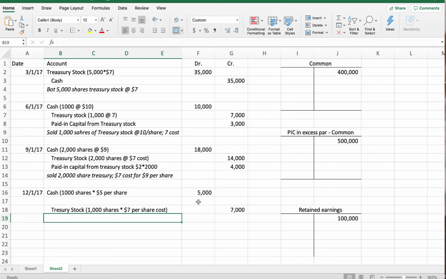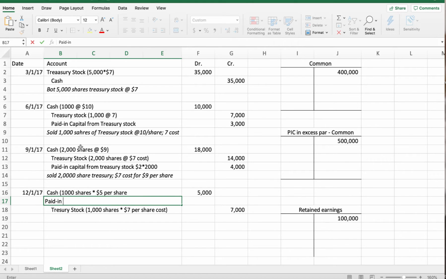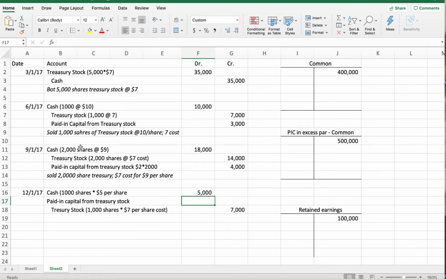There's a difference of $2,000. So what I need to do then is debit my paid in capital from treasury stock. For how much? $2,000. Everything balances now.